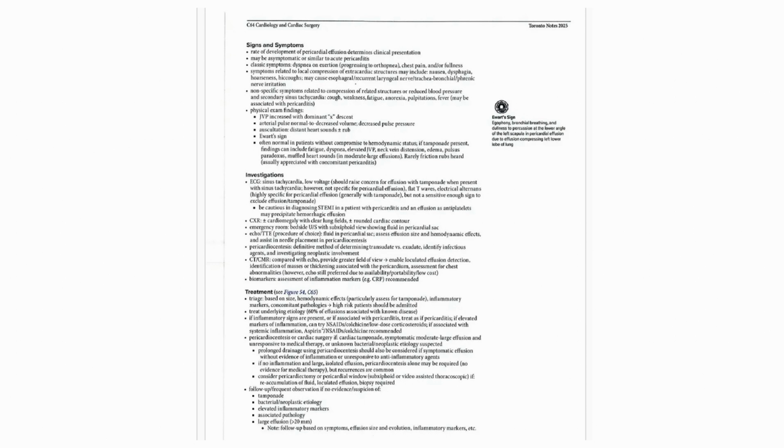As the effusion enlarges, it may compress adjacent structures outside the heart. Compression of nearby organs can produce nausea, dysphagia from esophageal compression, hoarseness due to recurrent laryngeal nerve involvement, persistent hiccups caused by phrenic nerve irritation, and tracheal or bronchial compression leading to respiratory symptoms.